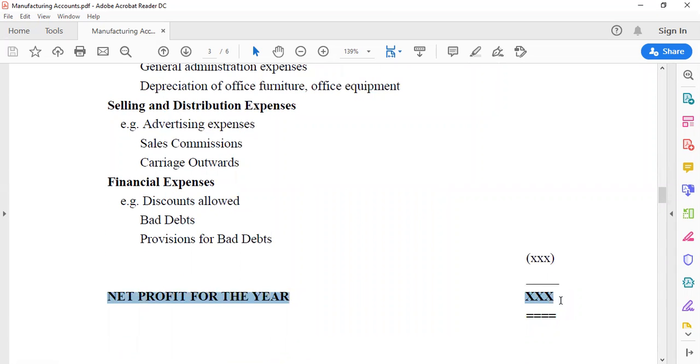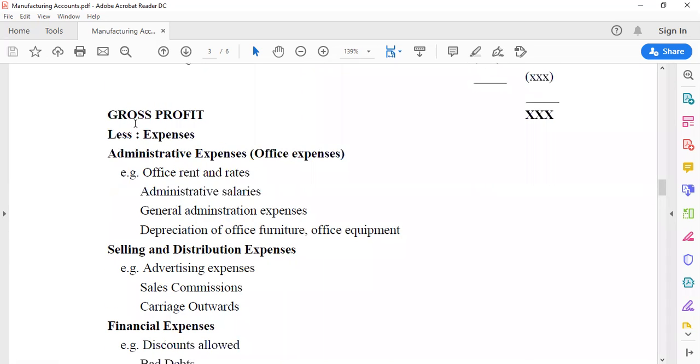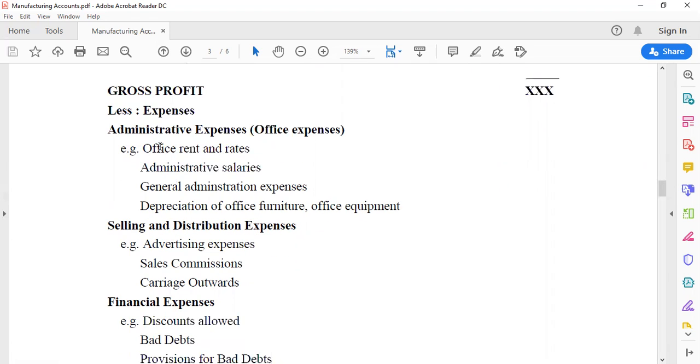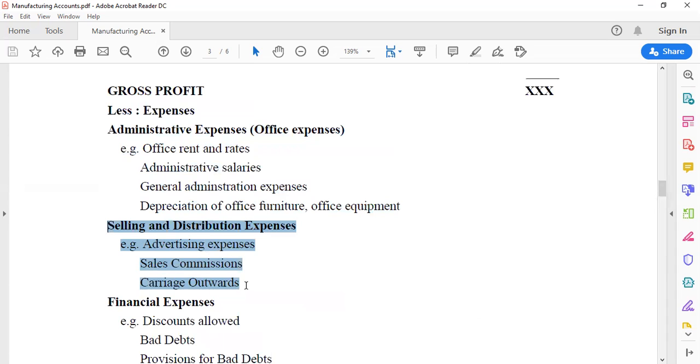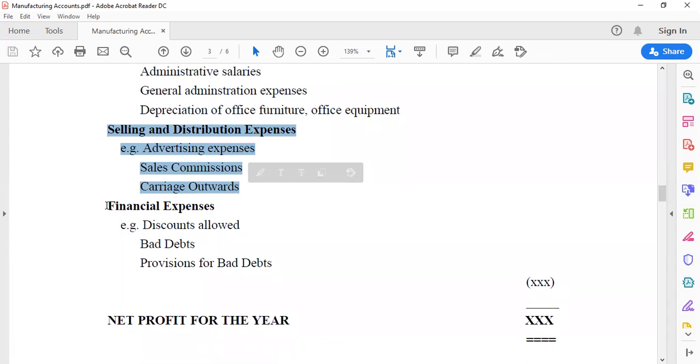After the gross profit, we go now to the profit and loss account to show the net profit. And the net profit is equal to the gross profit plus other revenues minus other expenses. Other expenses include administrative expenses like office ones, such as the secretary's salary, the rent paid for the office, the cost of stationery, etc. Then you also have distribution and selling expenses like advertising, carriage outwards.